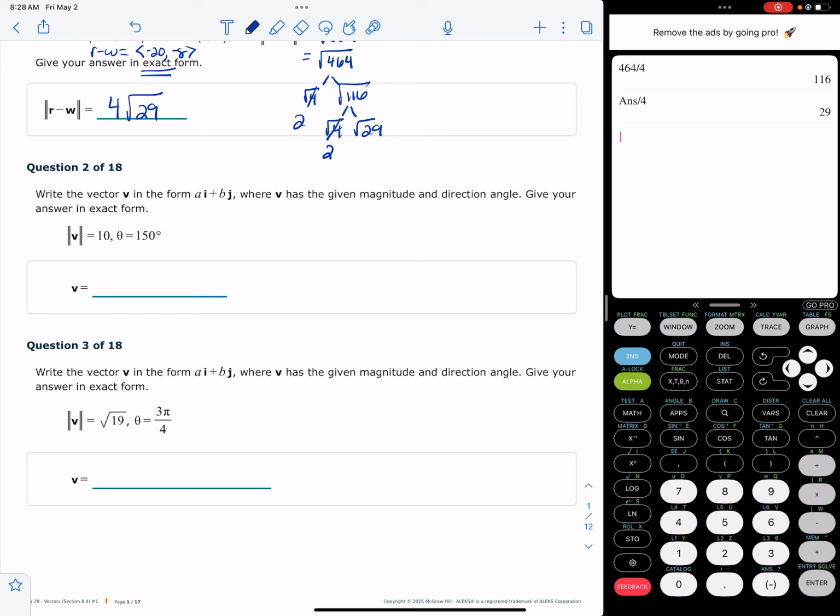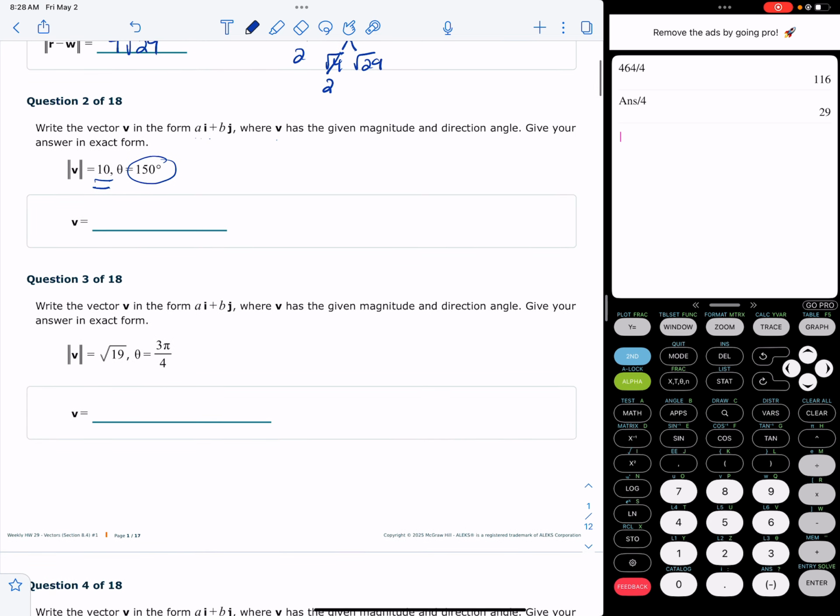All right, question 2. Write vector v in the form ai plus bj, where v has the given magnitude and the direction. Give your answer in exact form. So maybe now is the time to go over the formulas that we've done so far. The magnitude of a vector would be the square root of the sum of the squares of the components.